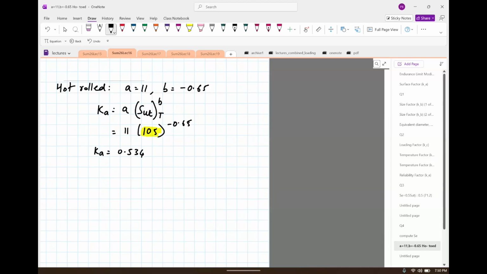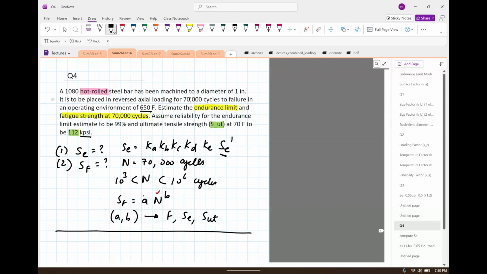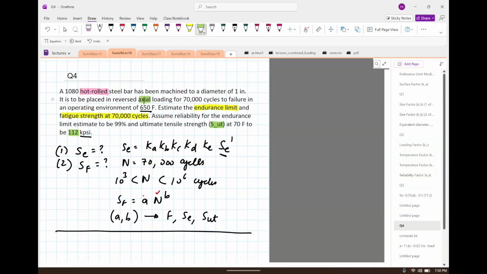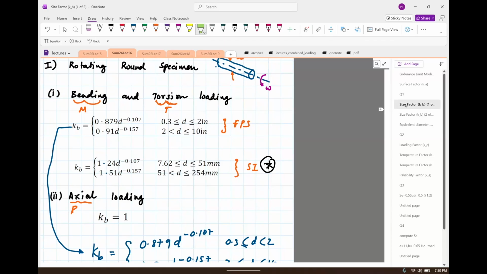Okay. Next, KB. Read the question. Machined to. The keyword here is actual loading, because for factor KB, we need to know the actual loading.